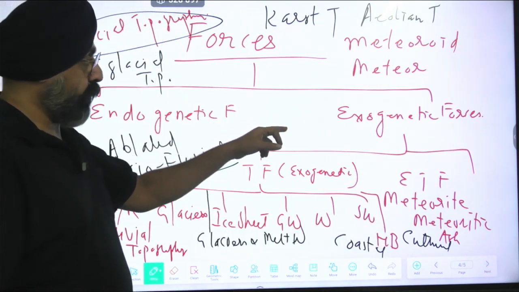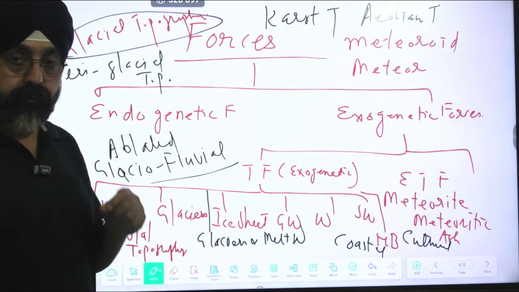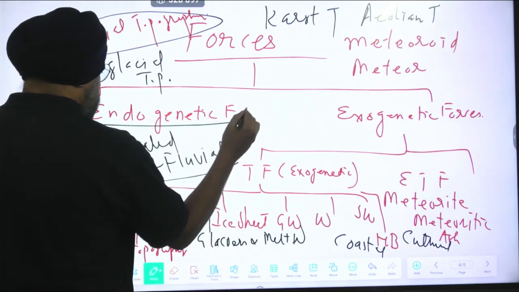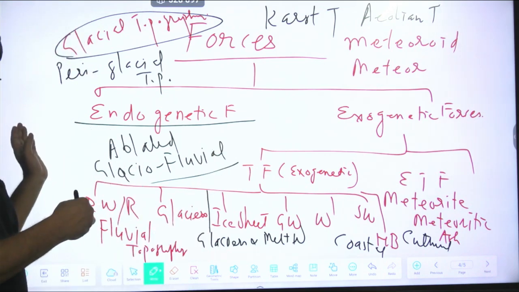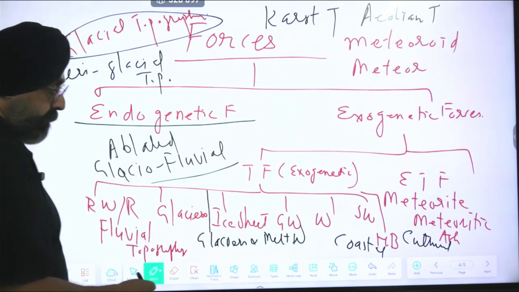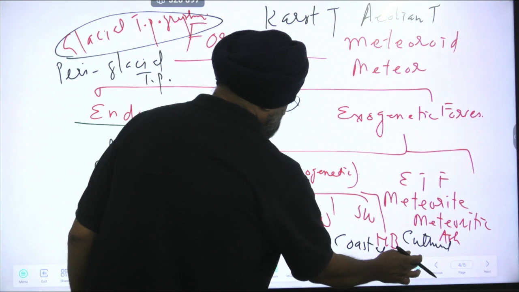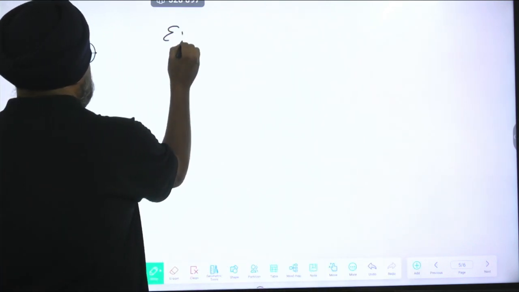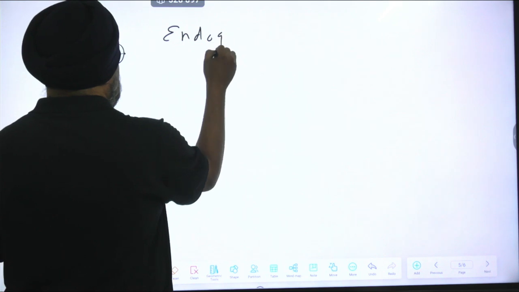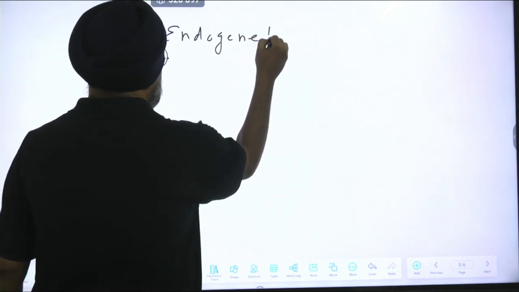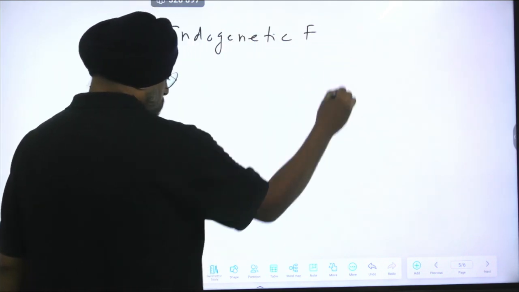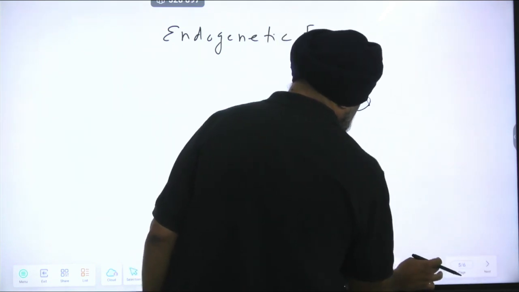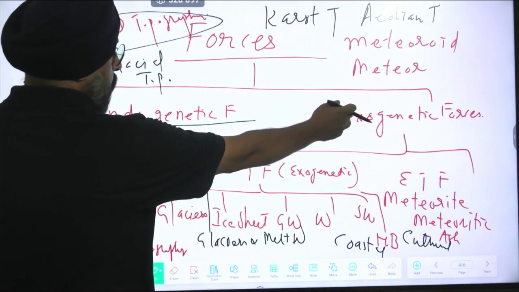Now, this is what the exogenetic forces are that we must understand. Now, we are going to focus on the endogenetic forces. Let's draw the second part of the diagram. We have endogenetic forces. What we have drawn earlier, exogenetic forces.